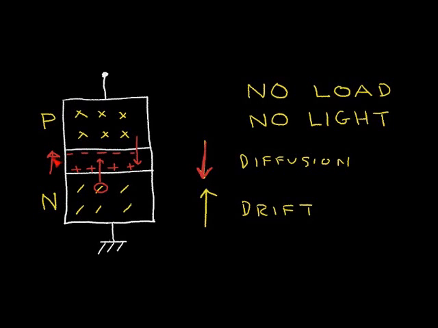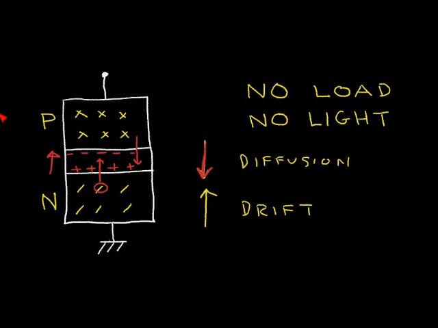That electric field is going to repel these holes from diffusing over, and in a similar way, it's going to repel these electrons from diffusing into this depletion region. So they tend to block the diffusion current. But this electric field causes a drift current.